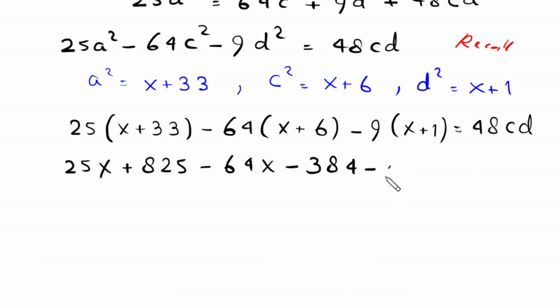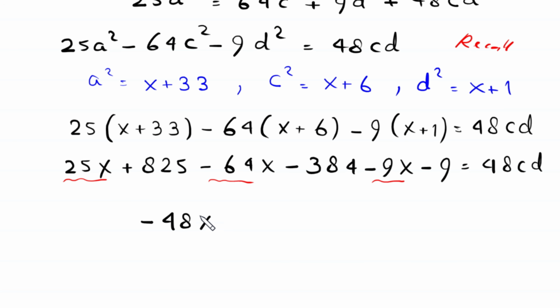Negative 9 times x, negative 9x, and negative 9 times 1, negative 9, equals 48cd. Negative 64x minus 9x becomes negative 73x, and negative 73x plus 25x becomes negative 48 times x. 825 minus 384 minus 9 becomes plus 432, equal to 48cd.